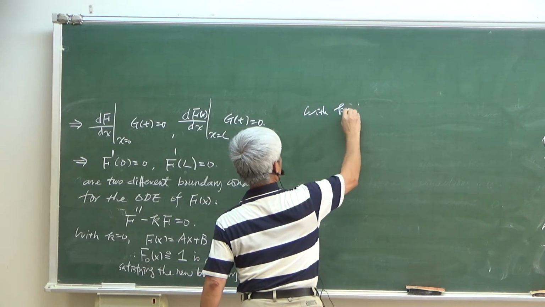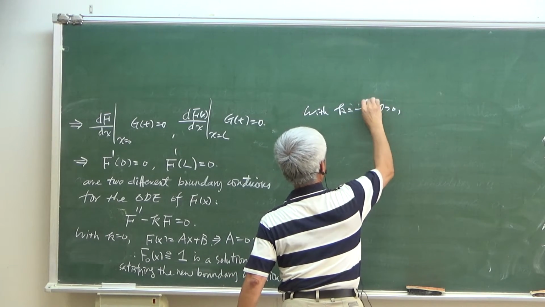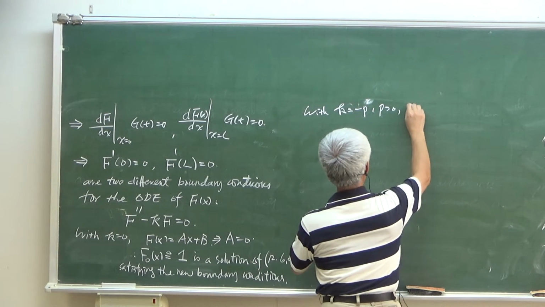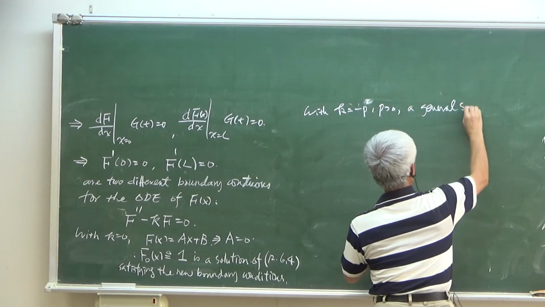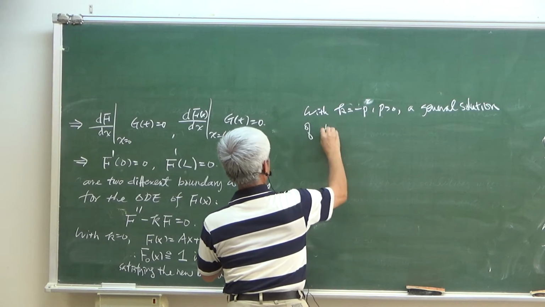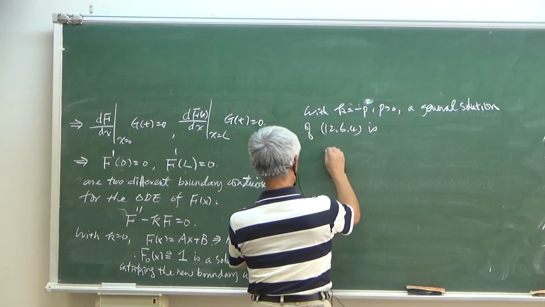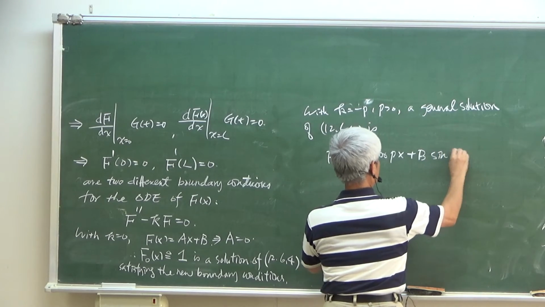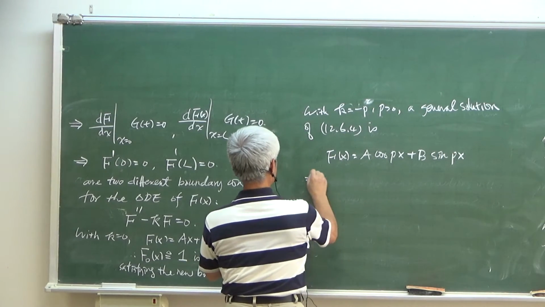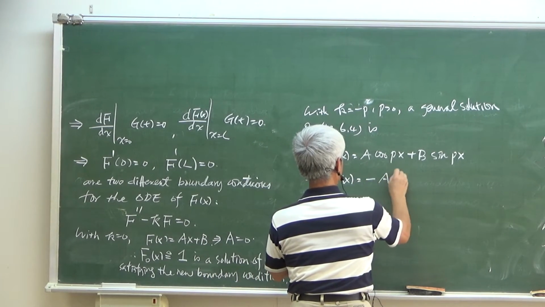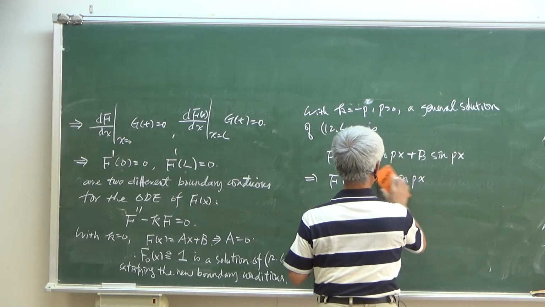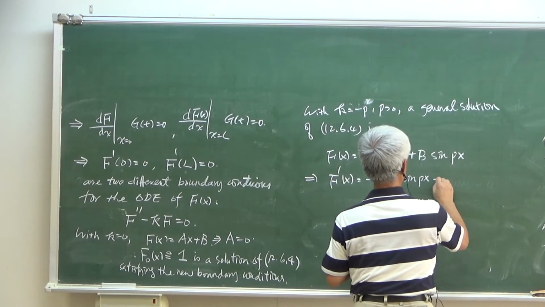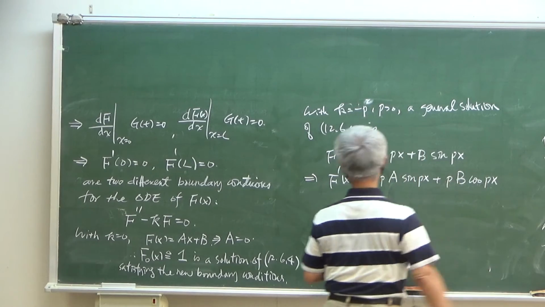Now with k equal to minus p squared. So when k is negative, again, we have f of x equal to a cosine px plus b sine px. So f prime of x equals minus ap sine px plus bp cosine px.